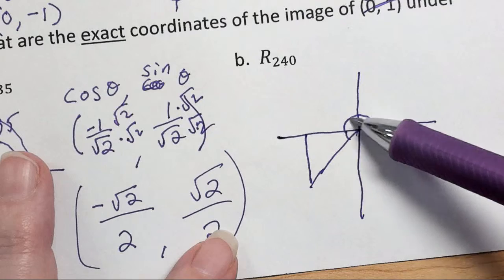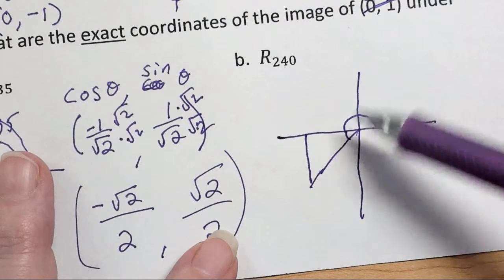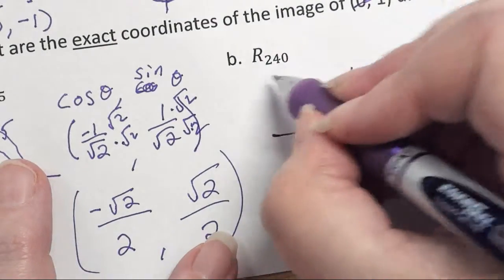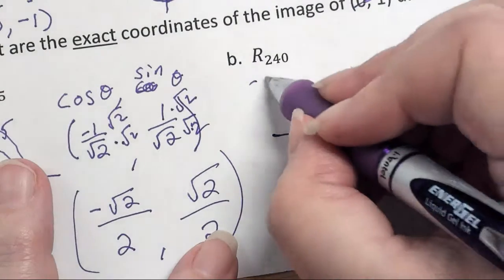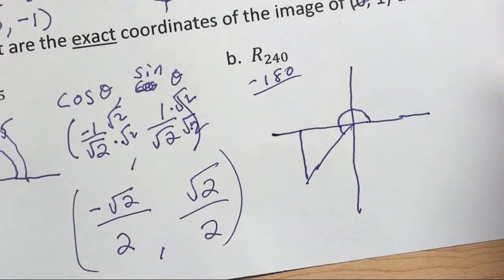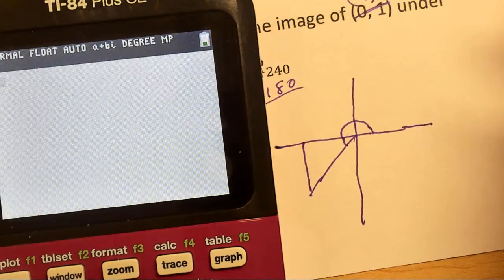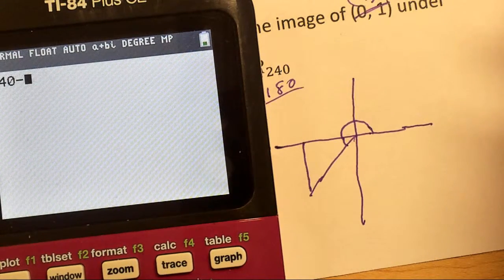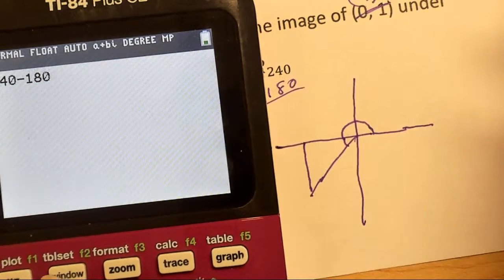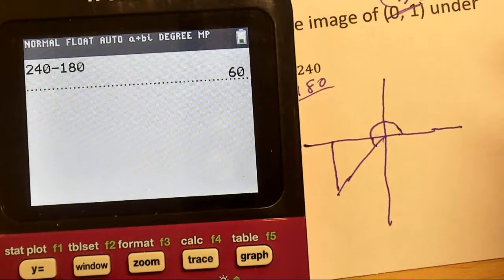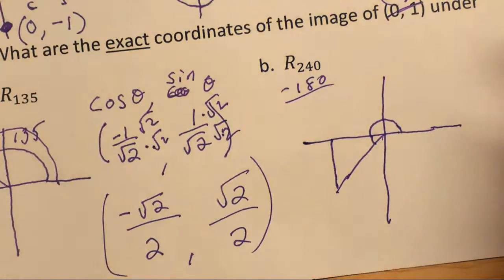We're going to subtract this part because we only want to know what that part is. And it gives me a 60.